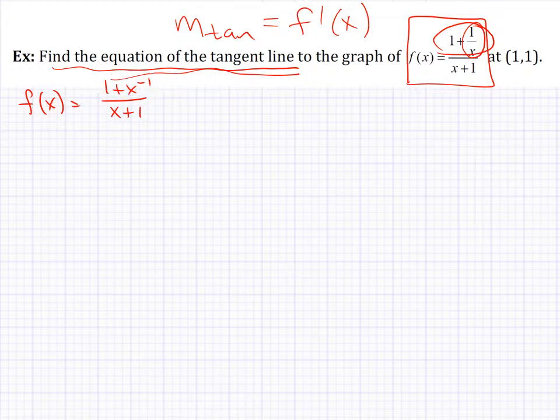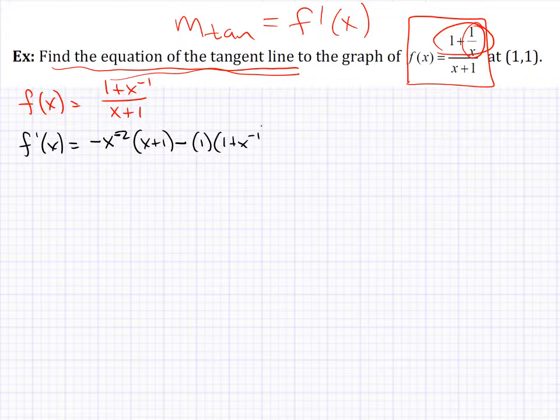So if I go to take the derivative, the numerator is going to be negative x to the negative 2 times the denominator, minus the derivative of the denominator, which is 1, times the numerator, all over the denominator squared.